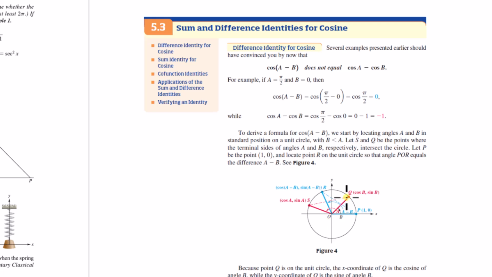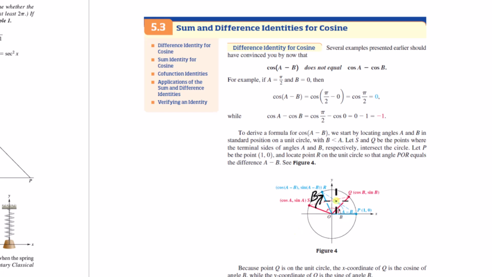In red here, this terminal side represents angle A. Oh, no, sorry, B is less than A. So this terminal side represents angle B, this terminal side represents angle A, and this terminal side represents angle A minus B. You can think of this as subtracting B from A. So this is B.